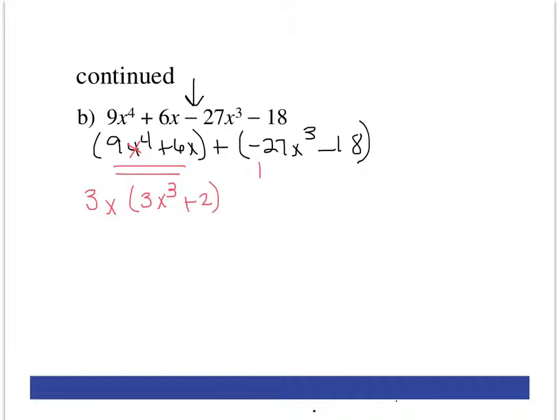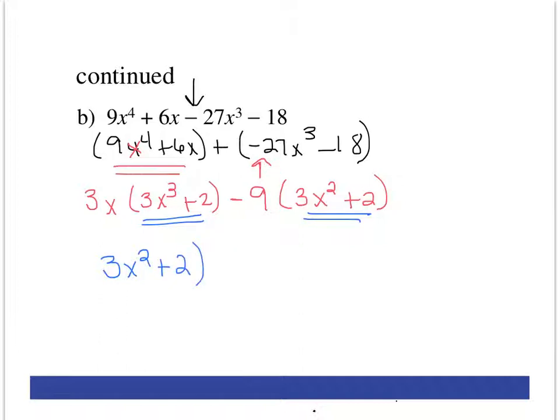And then if this ever starts out with a negative, odds are you're going to be factoring out a negative. So I'm going to factor out a 9, and that leaves me a 3x squared plus 2. So I'm going to look here, are these the same? And they are. So I write them down one time. And then I write the other two common factors that we found, and they make up the other set of parentheses, and we are finished.